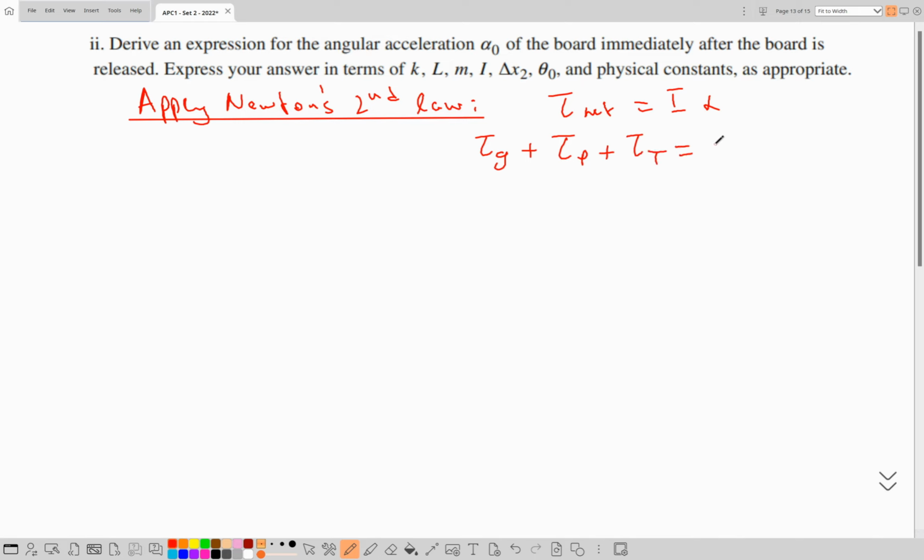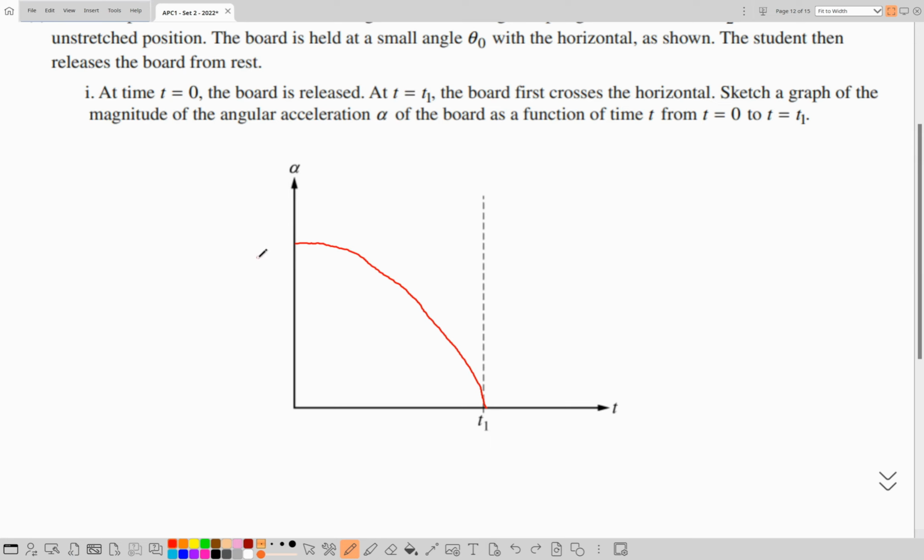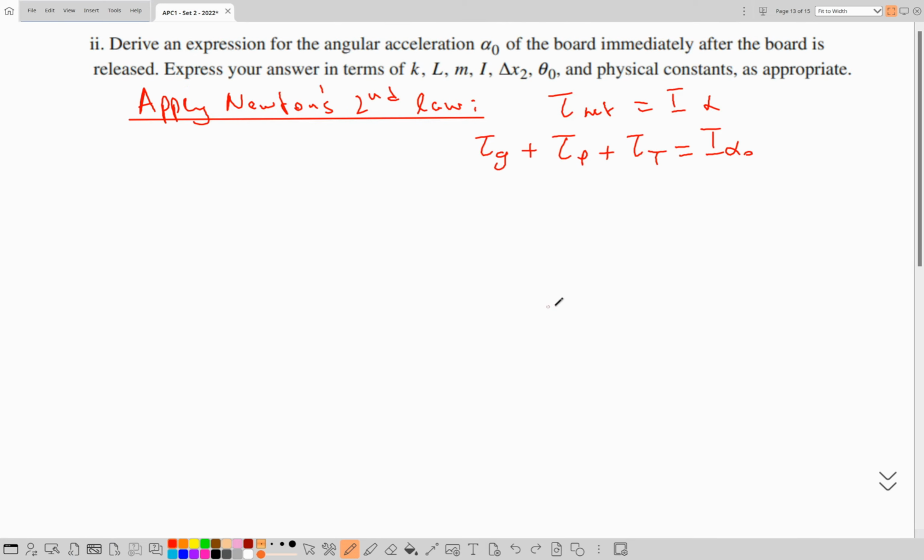All of these would be equal to I alpha 0. We need to use the same notation. Why have they specifically stated that this is alpha 0? Because from the previous graph, we know that alpha is not constant, it will vary. So at different instants, we expect different values.